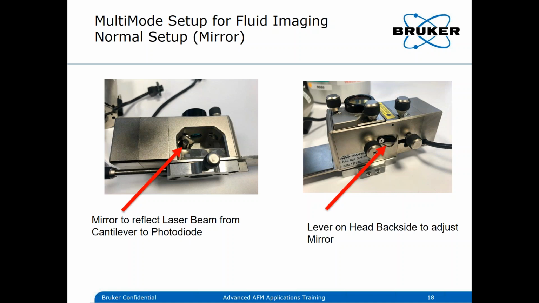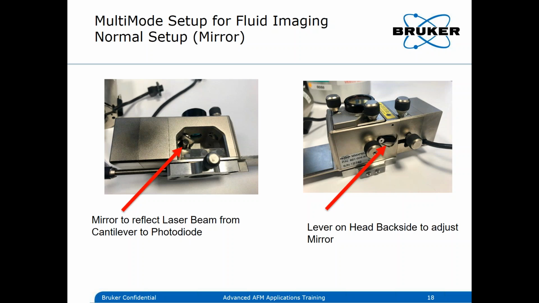So in using the multi-mode, I would set up everything, laser, spot, everything in air first, engage once briefly on the surface, withdraw, then put a droplet of water on my cantilever on the multi-mode and a droplet of water on the substrate. If I'm not using the completely sealed system, then that should be enough.